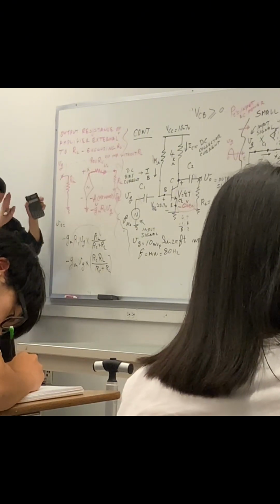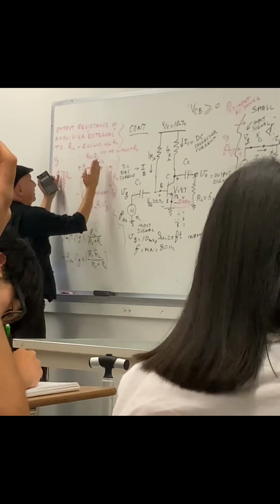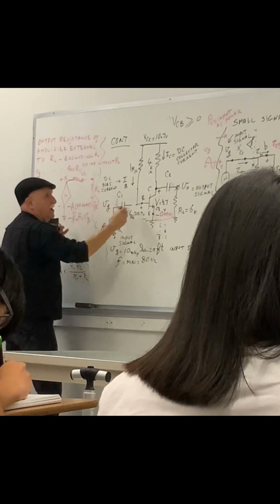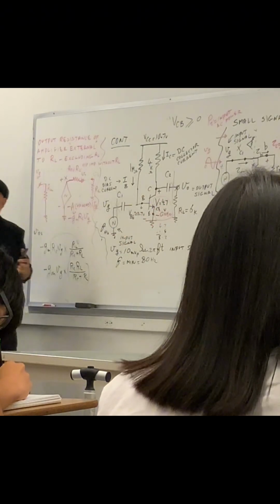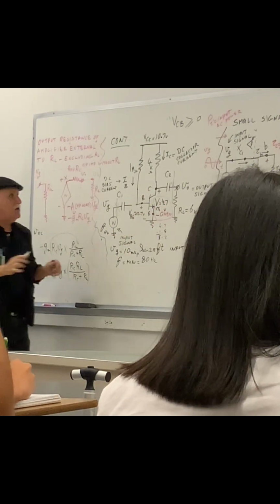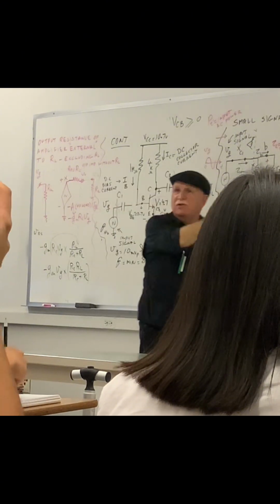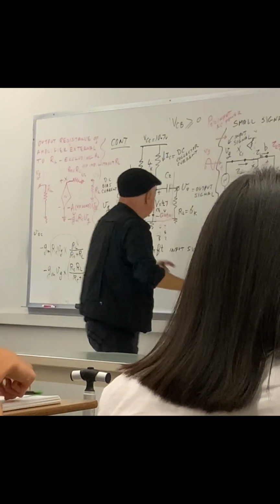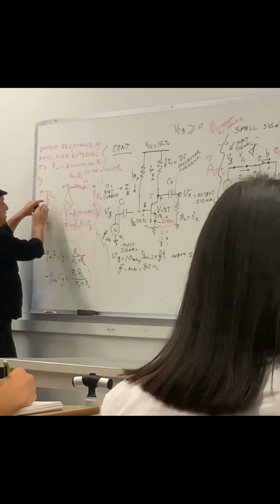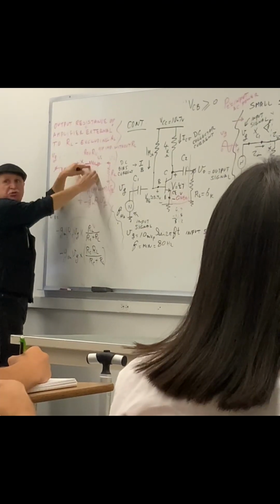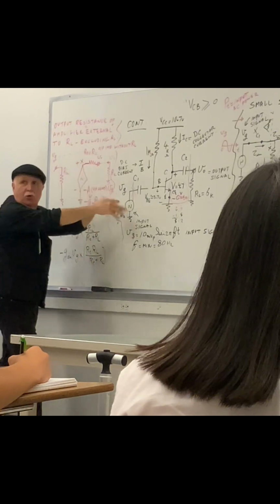Now the reason that I am partitioning, isolating the amplifier between two lines, this line and that line, is because this amplifier might feed a second amplifier, you see, which is exactly the same configuration. Input impedance of the second, voltage gain of the second, output resistance of the second, and so on.